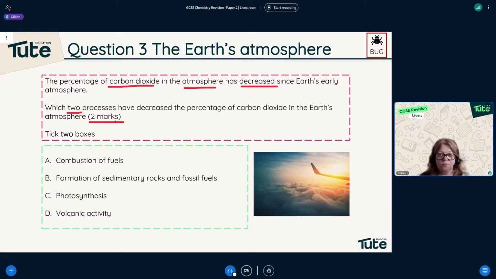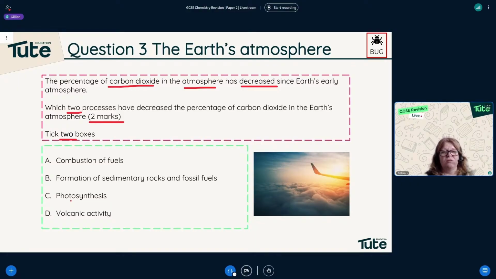And it's a 2 mark question, and we need to tick 2 boxes. So we've got some processes here. We've got the combustion of fuels, the formation of sedimentary rocks and fossil fuels, photosynthesis, and volcanic activity. So which 2 of these processes have decreased the percentage of carbon dioxide?